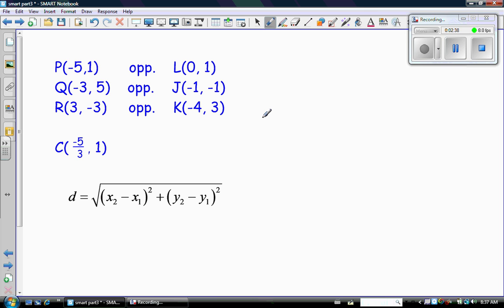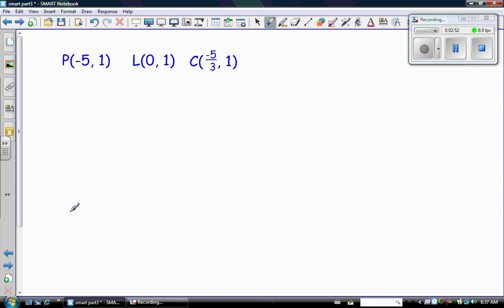So let's start here. This is a summary of all the information I'm going to need. PQR are the vertices, and I've lined them up opposite their midpoint partner, if you will. These are the coordinates of the centroid we found in video 2, and of course this is the distance formula which we're going to have to use. So let's start with PL. We need to show that the distance CP is twice the length CL.